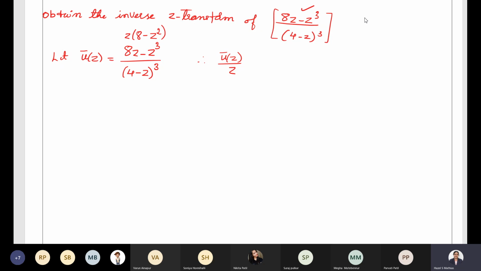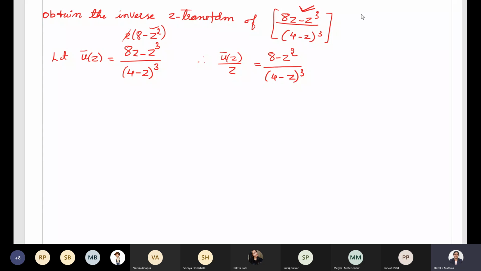When we divide both sides by Z, this Z cancels. What remains? 8 minus Z square divided by 4 minus Z whole cube. So it will be u bar of Z divided by Z on the left, and on the right hand side the Z cancels and 8 minus Z square remains.